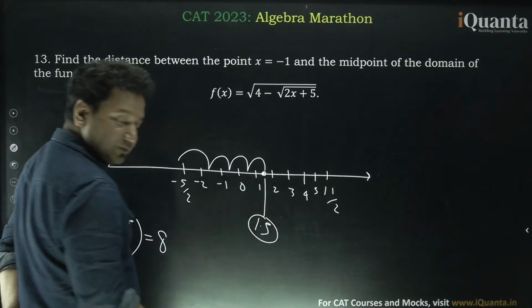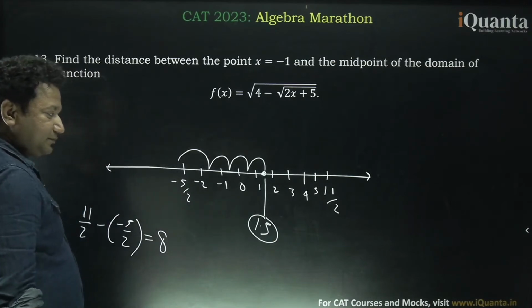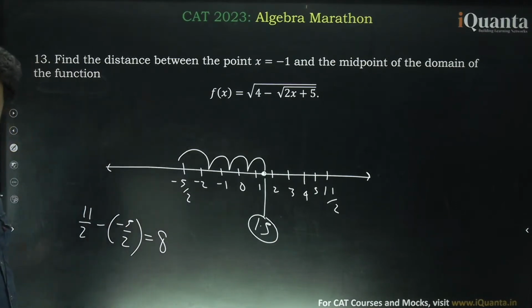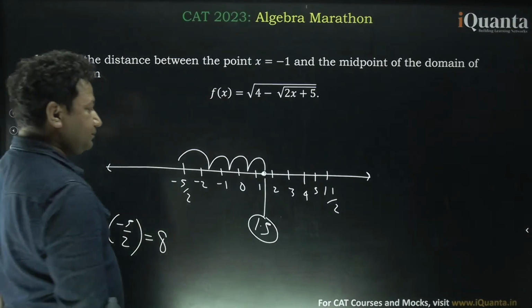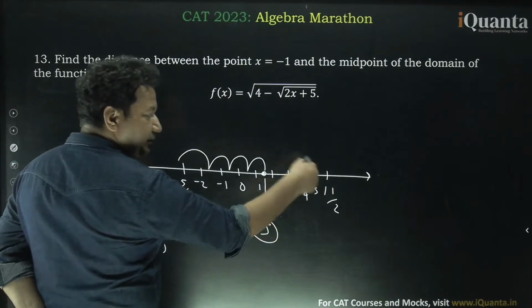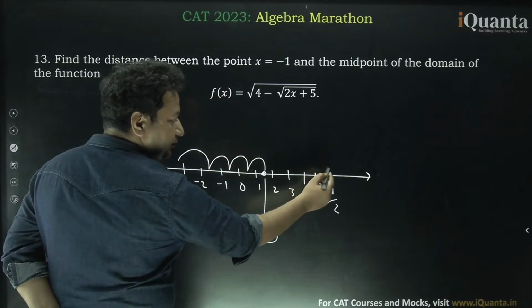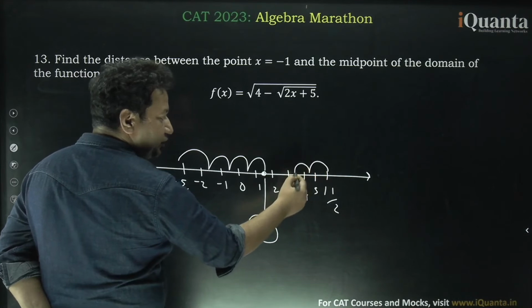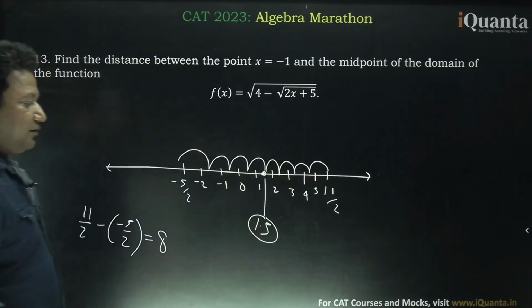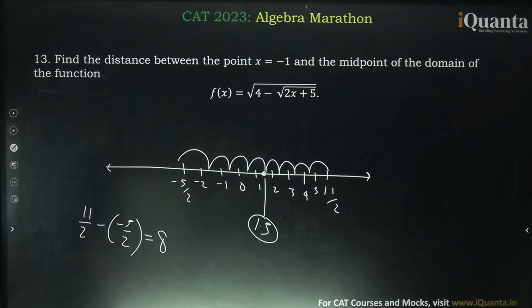Clear? Understood? Similarly, from the right hand side, if I count 1, 2, 3, 4, we come to 1.5 in both the conditions. Okay, Naman. So 1.5 happens to be the midpoint. It's clear to all of you.